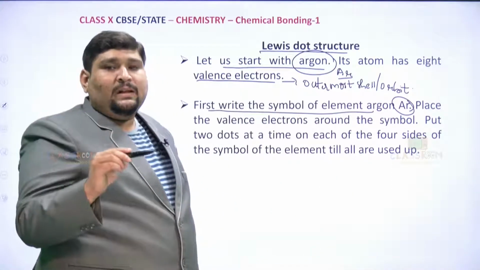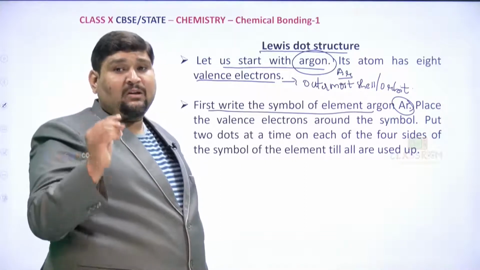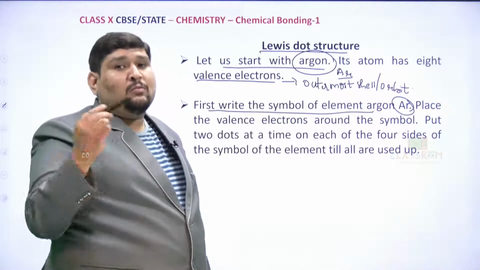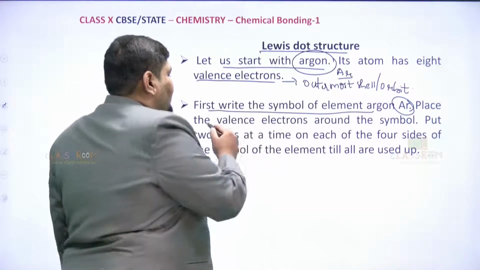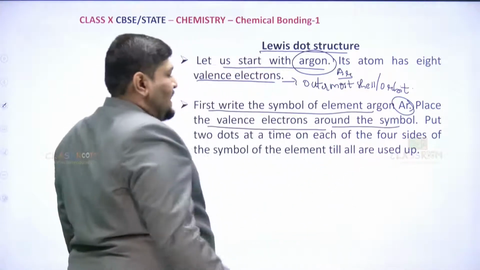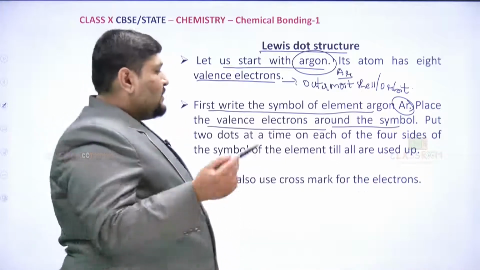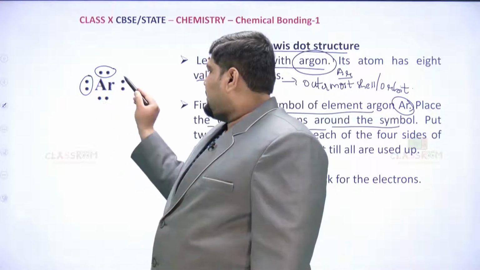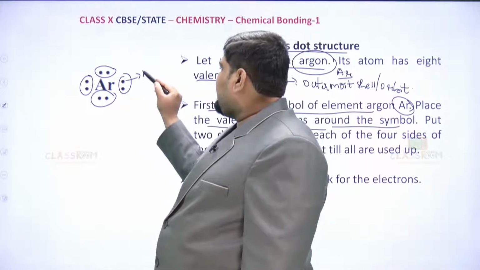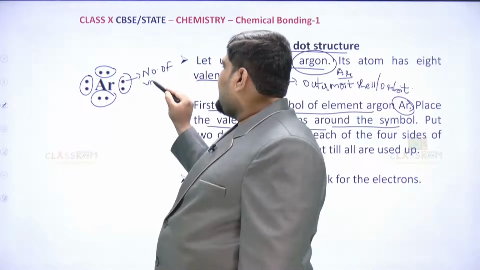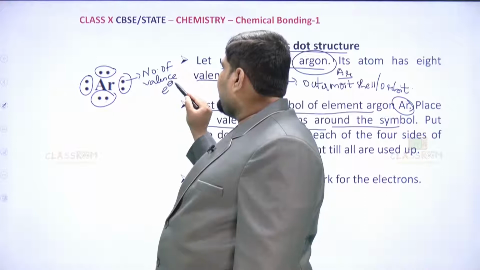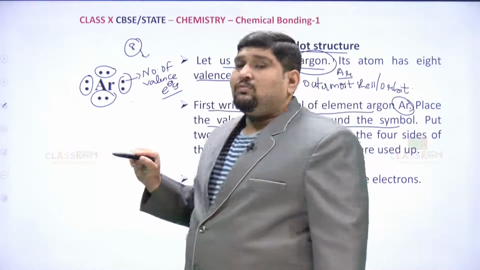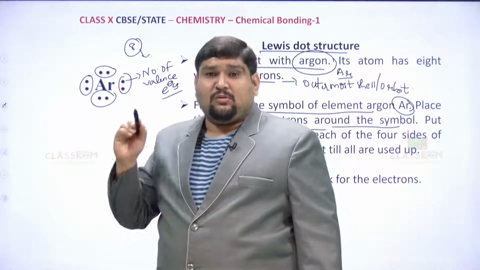First go with the symbolic representation of the particular element whose valence electrons you are trying to represent as dots or crosses. Then place these valence electrons around the symbol, putting 2 dots at a time, or 4 dots, as you can see. These dots are nothing but the number of valence electrons. When we took the example of argon, it is found to have 8 valence electrons in its outermost shell, isn't it?